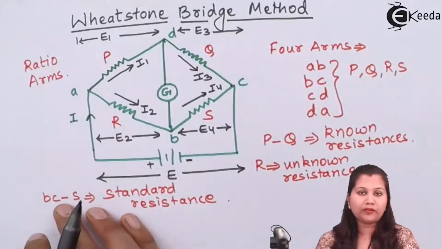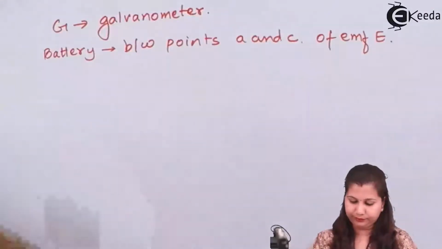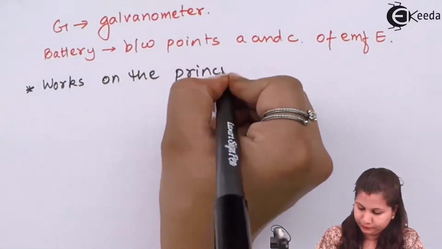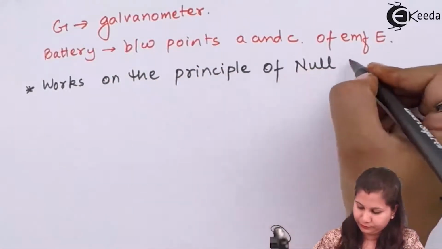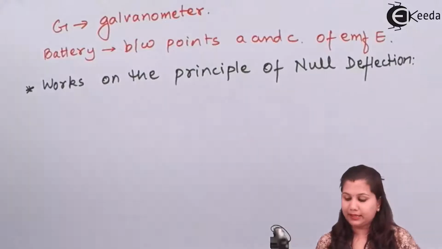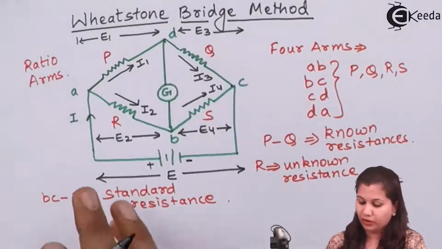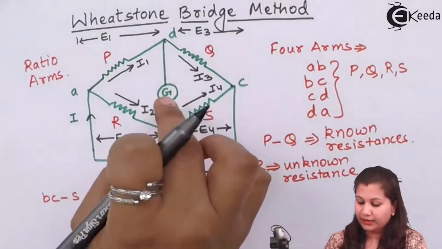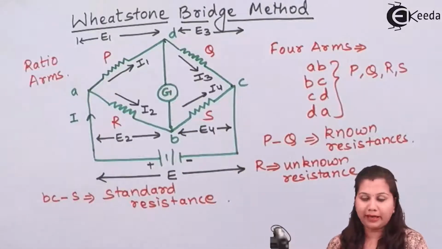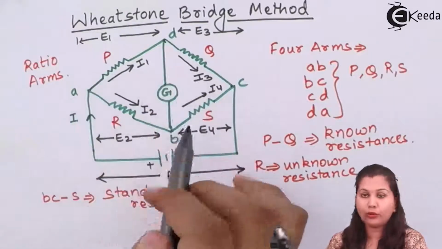Now the working principle of this Wheatstone bridge is based on null deflection. This principle says that if we vary a parameter until we get the null deflection, or until the galvanometer shows 0, then we can use a mathematical relationship between the unknown variable and the known variables.